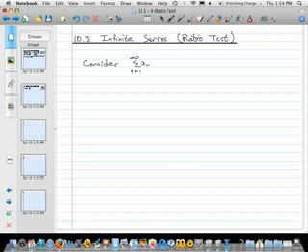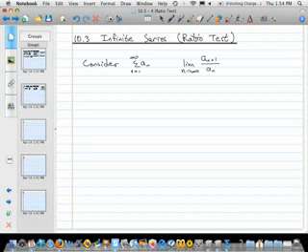Okay, and what we want to do is see what the value is of a sub n, of the nth term as n goes to infinity. So we're going to take the limit as n goes to infinity of the ratio of a sub n plus 1 divided by a sub n.